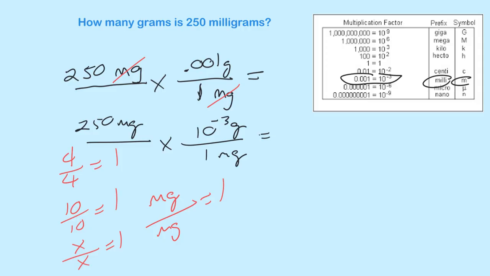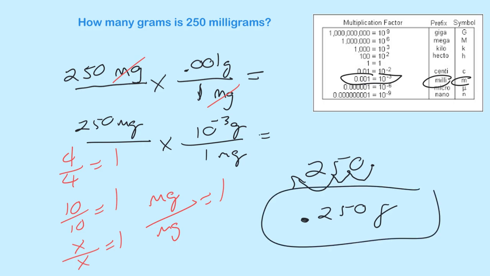Now, when you divide by that many decimal places, you can technically take that 250, and this is why the metric system is so great, and all you have to do is just move it 3 decimal places. So in that case, it's going to go 1, 2, 3. That's going to be 0.250 grams. I don't even need to use a calculator to get these done for the most part, because all you got to do is move decimal places when you're doing these.